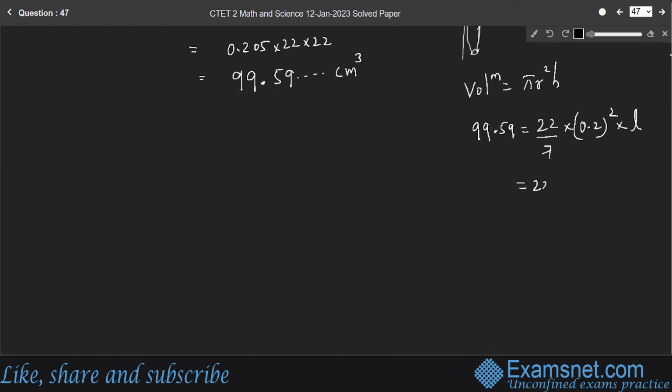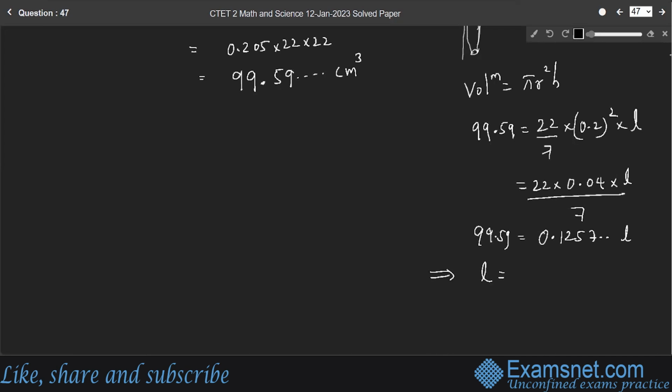So it is 22 into 0.2 square is 0.04 into length by 7, right? So 22 into 0.04, you will get 0.88, right? 0.88 by 7, you will get 0.1257. 0.1257 something into L is equal to 99.59.